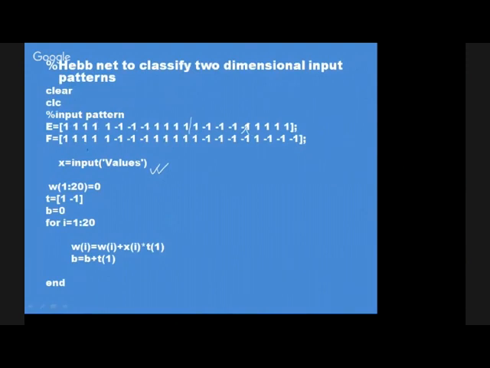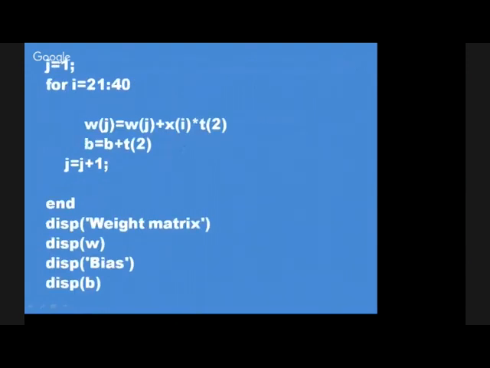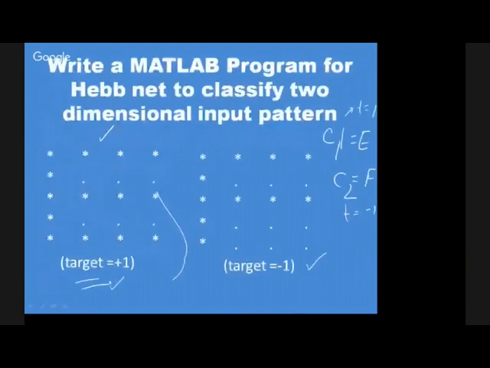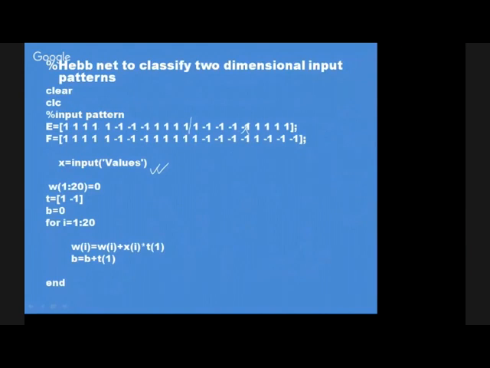Next again, that is your F. Similarly we have written 1 1 1 1, 1 minus 1 minus 1 minus 1, 1 1 1 1, then 1 minus 1 minus 1 minus 1, 1 minus 1 minus 1 minus 1. This way we have written every value as the input for E and F. That means this type of pattern I should get, right?